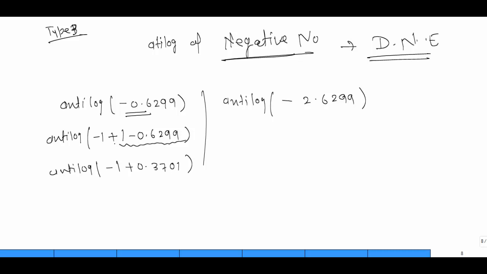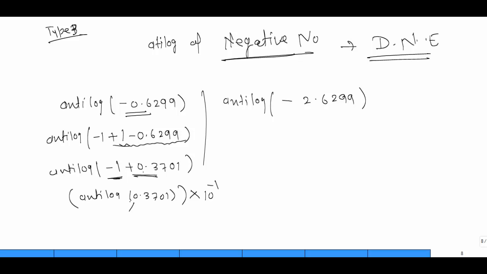Is it clear? Plus 1 and minus this part will be this much. You can subtract it. Now this minus 1, just write down as 10 raised to the power minus 1.